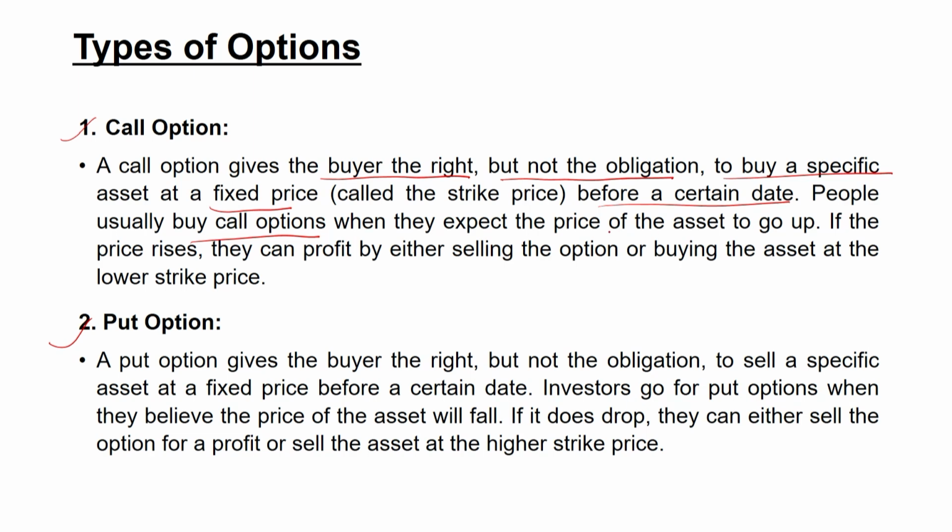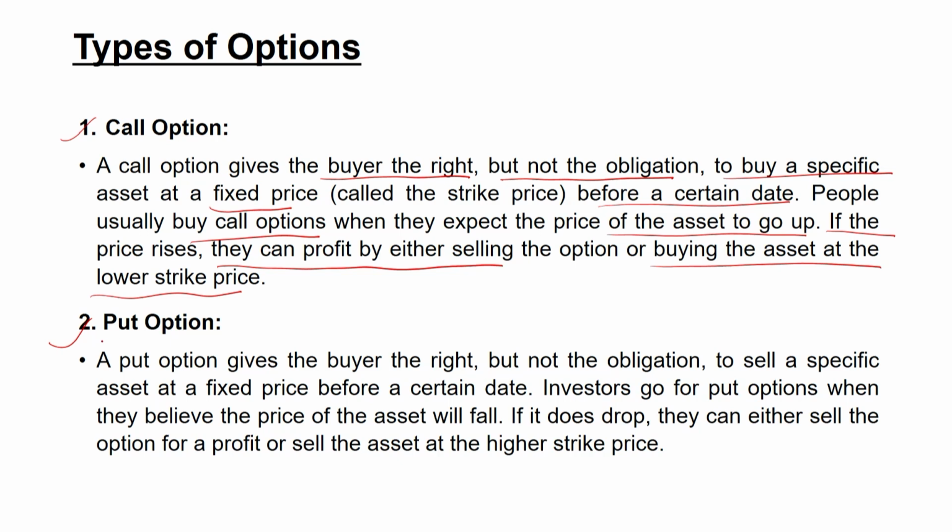If there is an increasing trend in asset prices, they can take the call option, the buy position, and if prices rise, they can profit either by selling the option or by buying the asset at the lower strike price through call option trading.